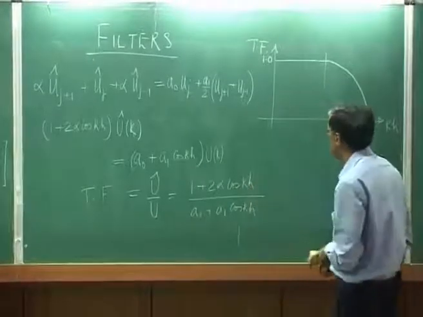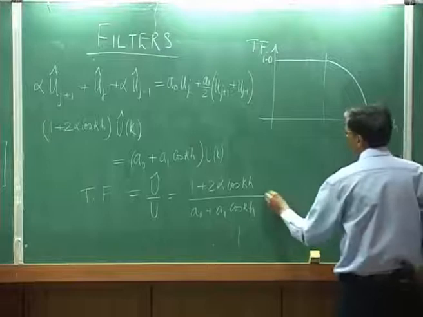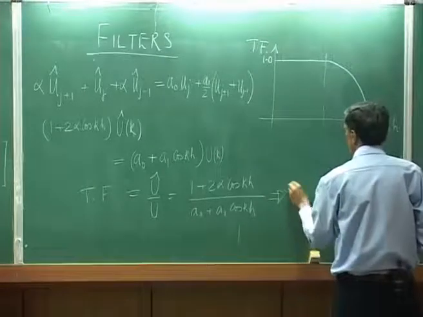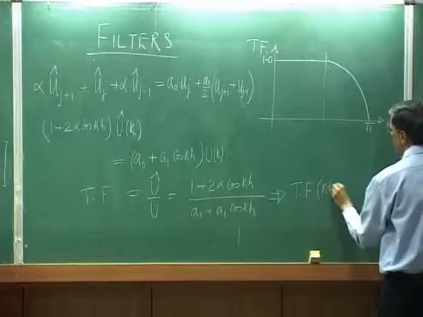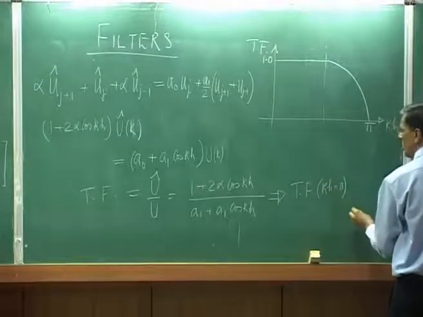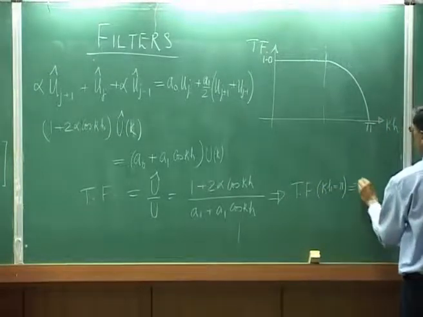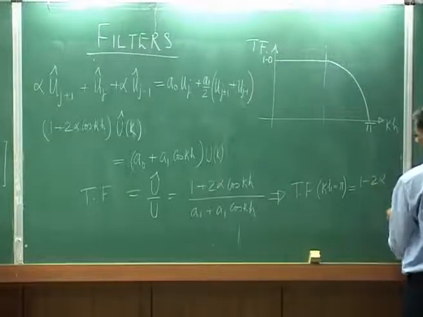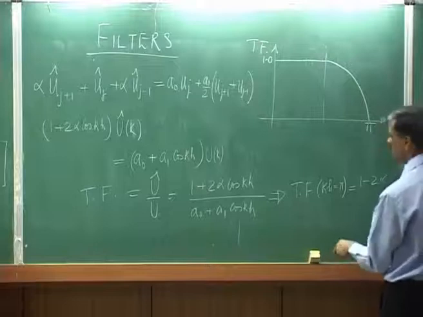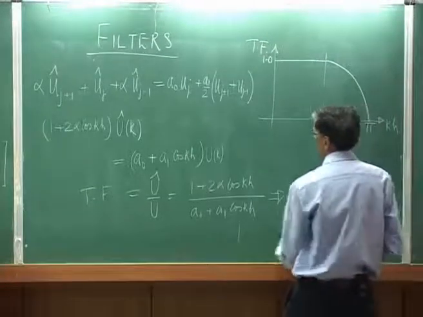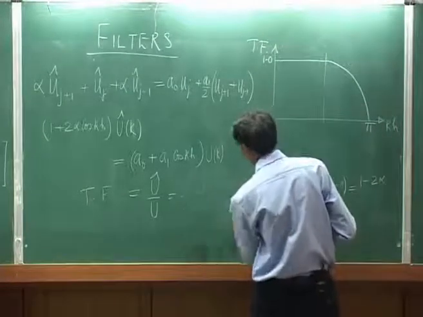So at kh equal to pi, this will basically tell you that 1 minus 2 alpha. Okay.